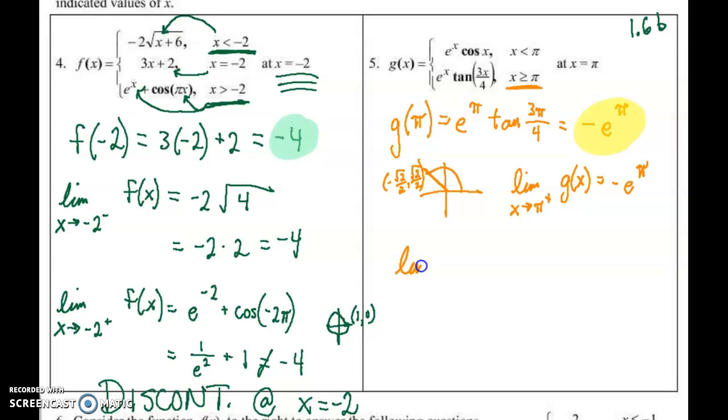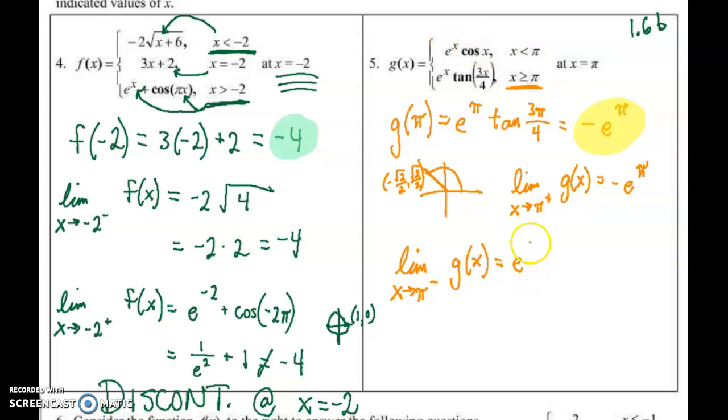Well, let's figure out the left side, from the left side of this function. So as you go back to your conditional statements, which inequality is on the left side of pi? That would be less than. Less, left, easy to remember. So now you're plugging in pi into these x's.